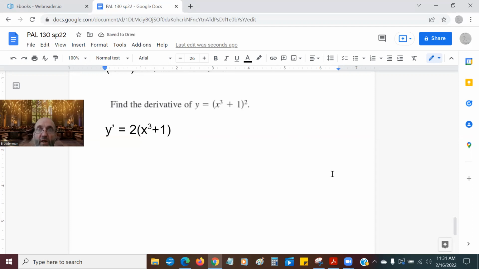And then I'm going to multiply that times the inner derivative. Now the inner derivative, the derivative of x to the third plus 1, is just 3x squared. So it's times 3x squared.